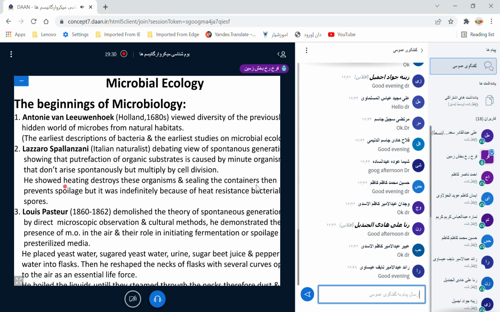He showed heating destroys these organisms by killing them. Sealing or closing the containers then prevents spoilage, but not indefinitely because of heat-resistant bacterial spores. It has one problem.